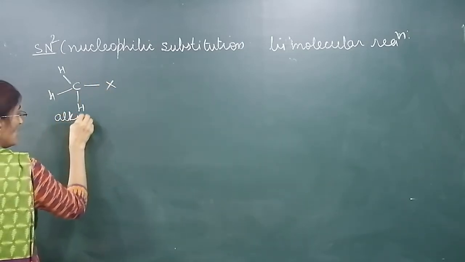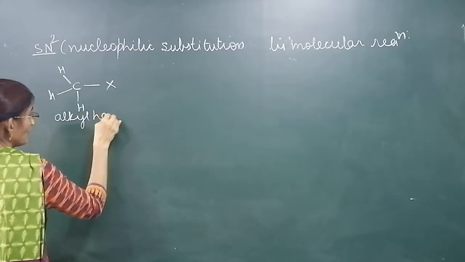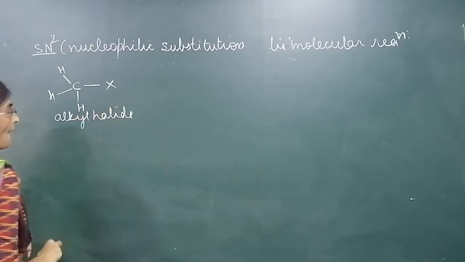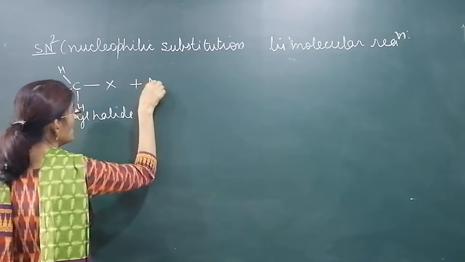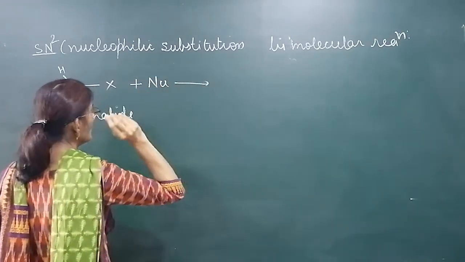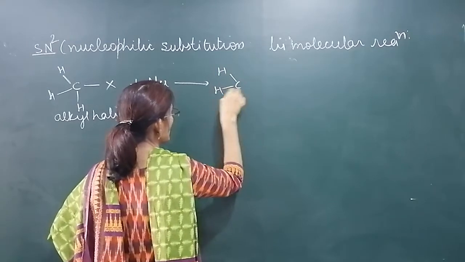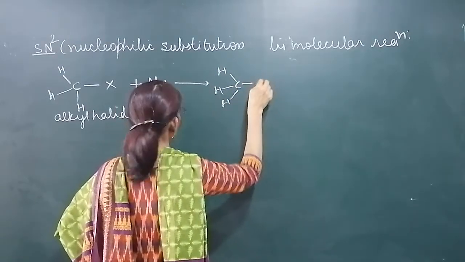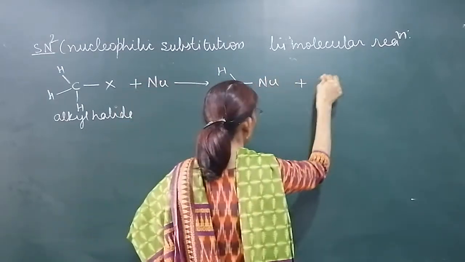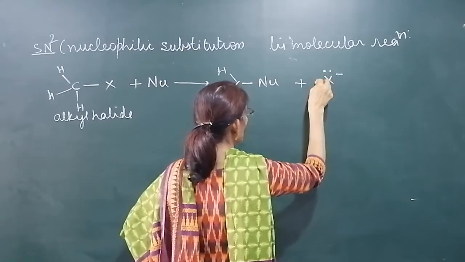Alkyl halide is also called substrate. When nucleophile adds on it, the product is obtained. Halogen is replaced by nucleophile and it will be removed as halide ion.